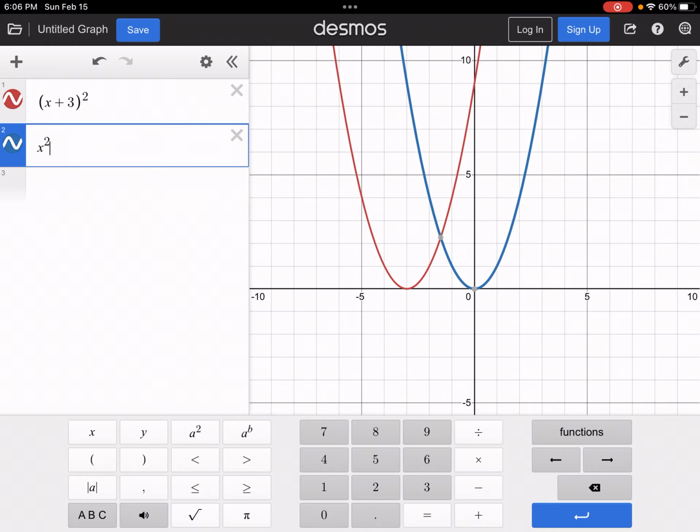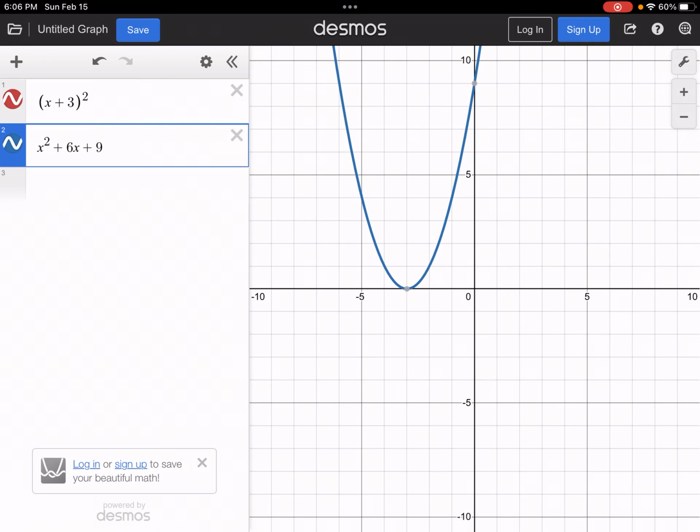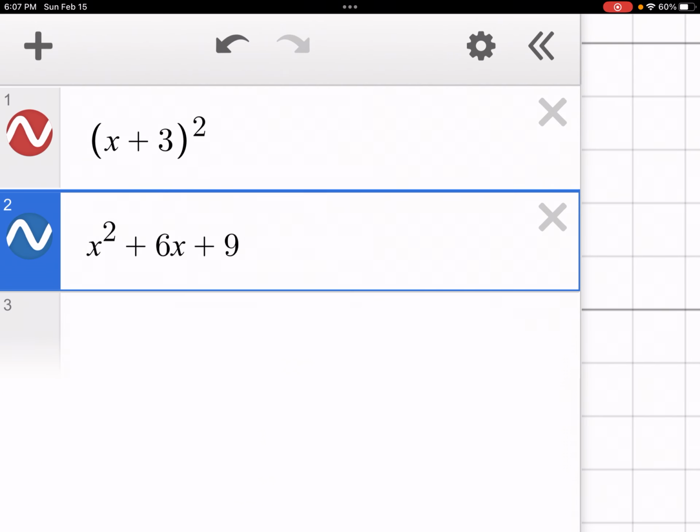So x squared plus 6x plus 9. They're the same graph, right? They are the exact same graph. But it touches exactly once. And how I can get that, if I'm just looking at these numbers, to get from the 6 to the 3, I would just divide by 2.